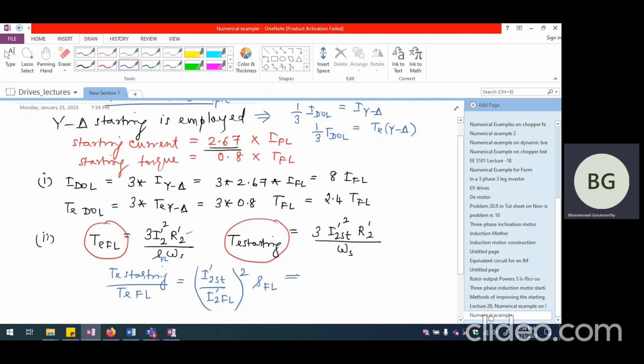So using this expression, I should be able to write TE DOL is going to be 2.4 times T full load.